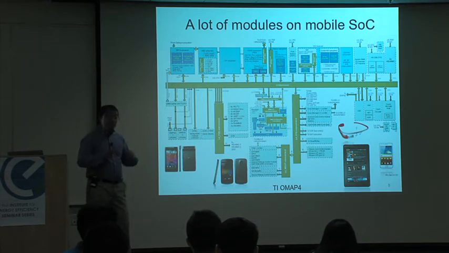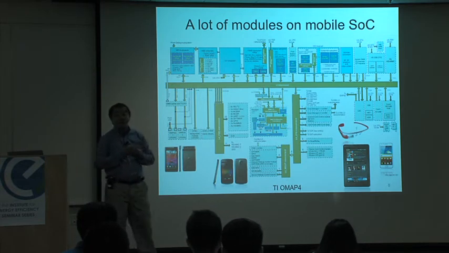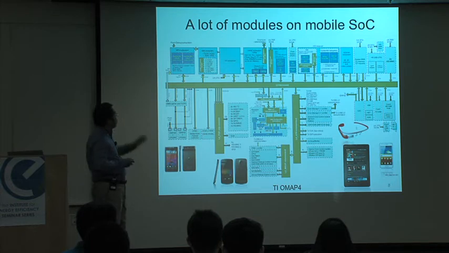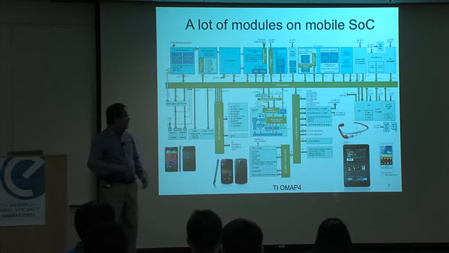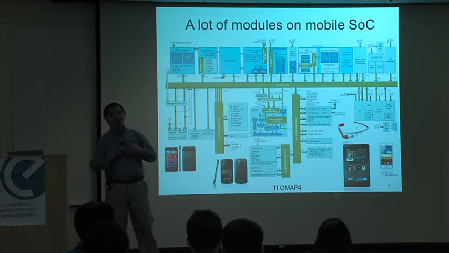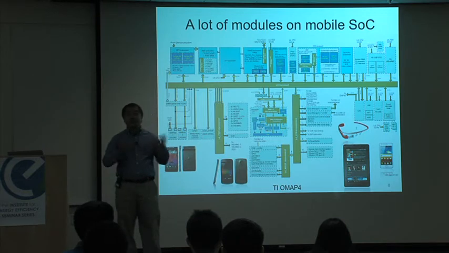To impress you about how many components are in a mobile SoC, this is actually taken from TI's OMAP 4 technical reference manual. You don't have to read the blocks, but there are so many blocks here, right? Your CPU here, where the Android system runs, you have DSP, you have GPU, you have multimedia codec, you even have a face detection IC. And on the peripheral bus, you have several tens of I/O controllers: GPIO, I2C, SPI, USB, you name it, right?